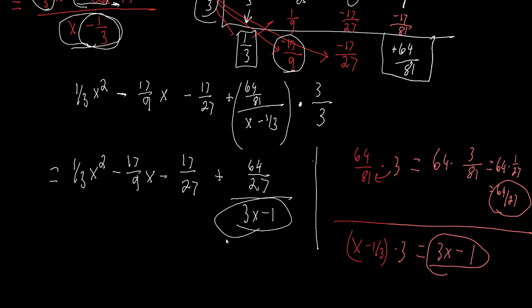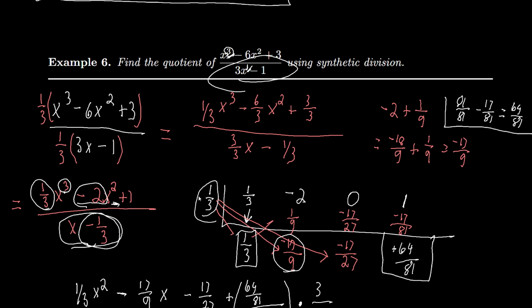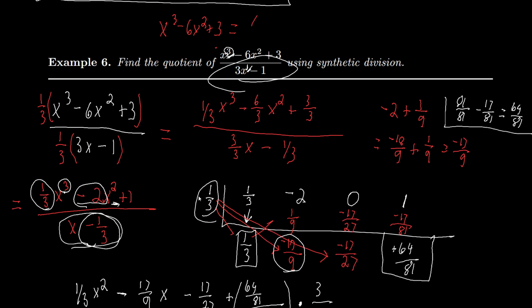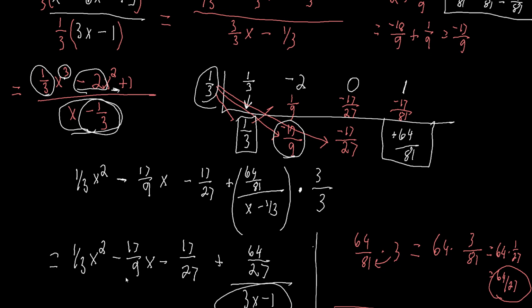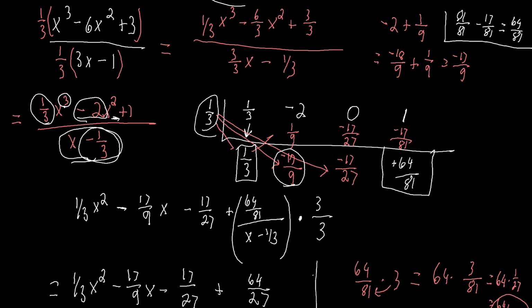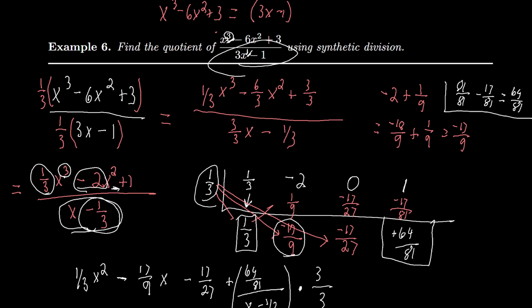That is, you could write this original top term here, I'll do it up here, as x cubed minus 6x squared plus 3. That can be written as what we divided by, 3x minus 1, okay, times all of this garbage, plus 64/27.